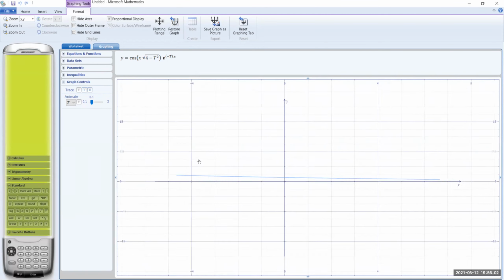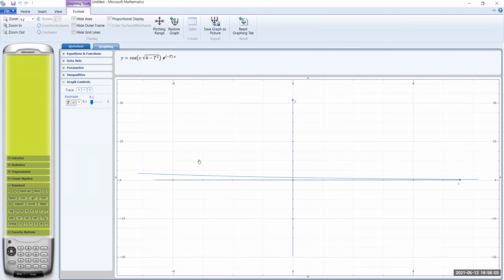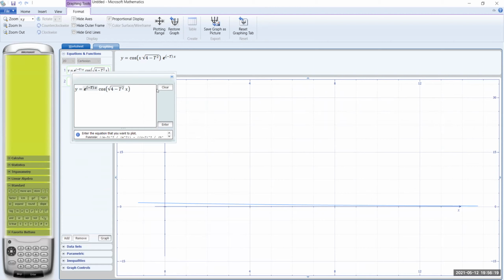And let's see here. What? I don't see oscillations here. Cosine of x times, what did I do wrong here? Exponential. Let's make this one just -x, what's that? And let's make this one equal to 1. Let's plot this function now.